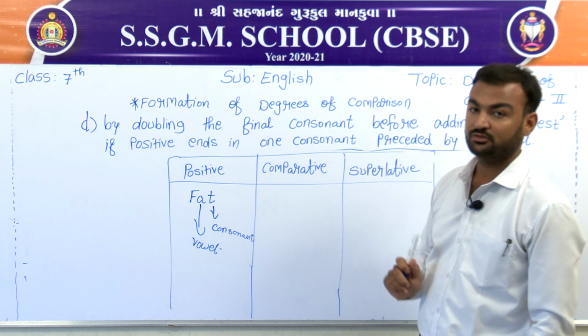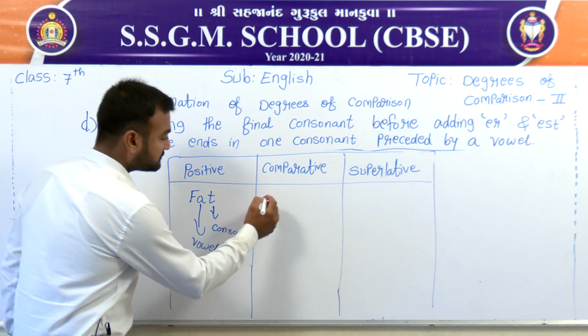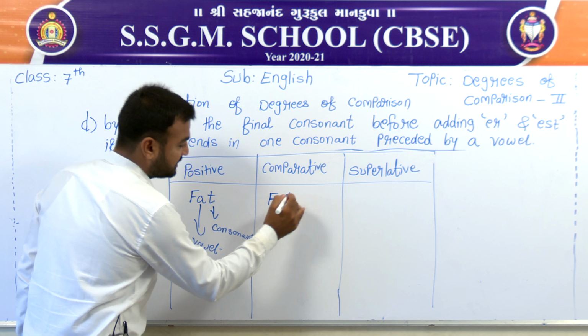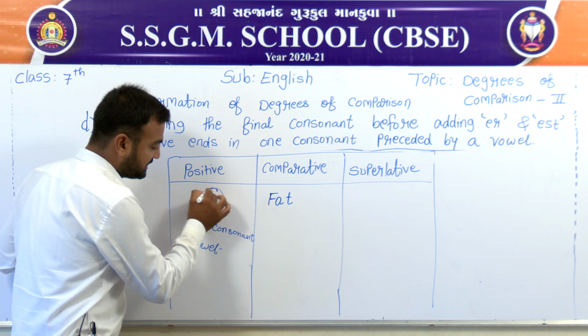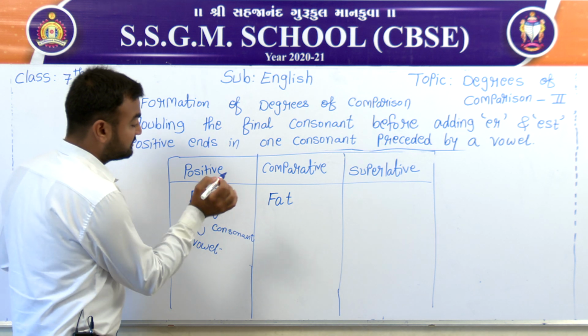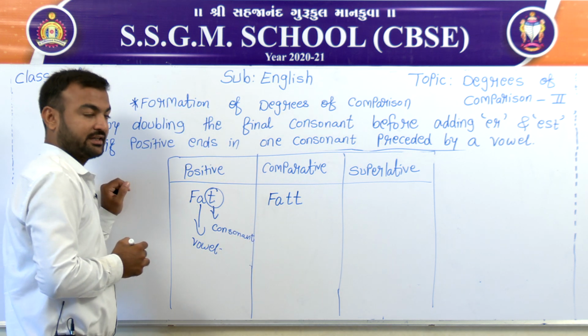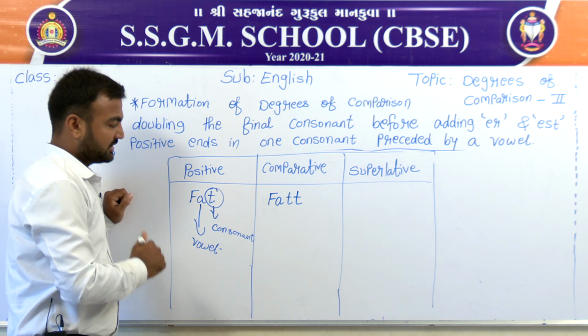the final consonant. Let me explain in comparative degree, that is the comparative degree becomes FAT. We have to double the final consonant. The final consonant means the last one, which is T. So what we have to do is write one more T over here and then we have to add ER and EST respectively.